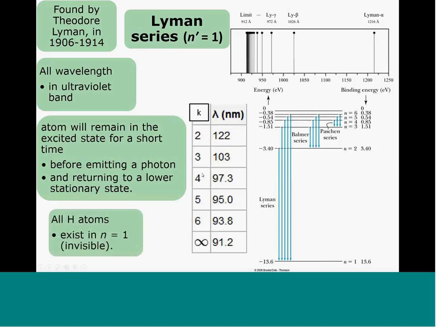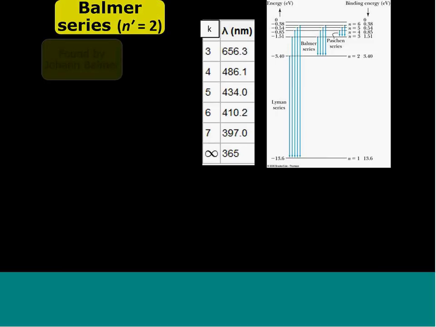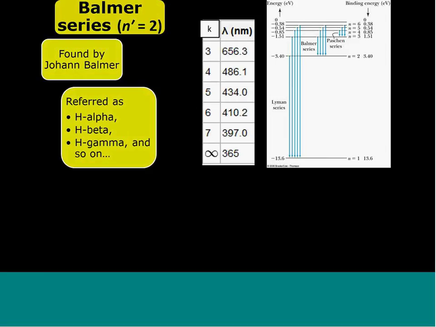All H atoms exist at n equal to 1. Okay, to Balmer series, founded by John Balmer. Okay, kita refer sebagai H alpha, H beta, H gamma.